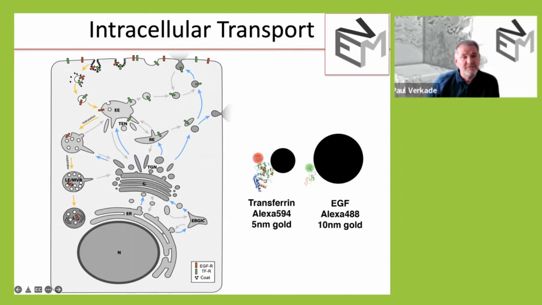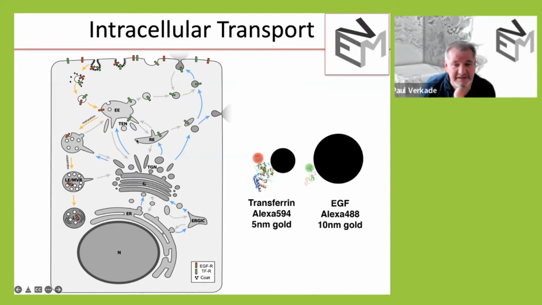At the same time, the transferrin receptor, which binds transferrin, so iron uptake for the cell, is also taken up via that same structure, although there's debate about that, and also ends up in that early endosome. But that receptor can be reused, so it is recycled back to the plasma membrane. Now, that segregation mechanism here in the early endosome is something I'm interested in.